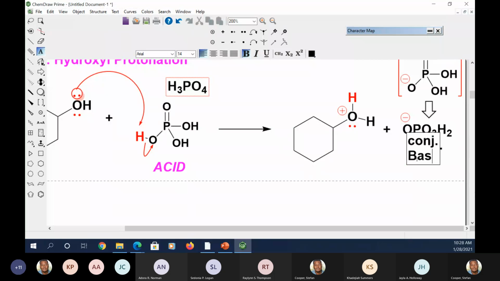Which compound is the conjugate acid? Well, I think that's easy. It's the only other compound, right? This has to be the conjugate acid, right?